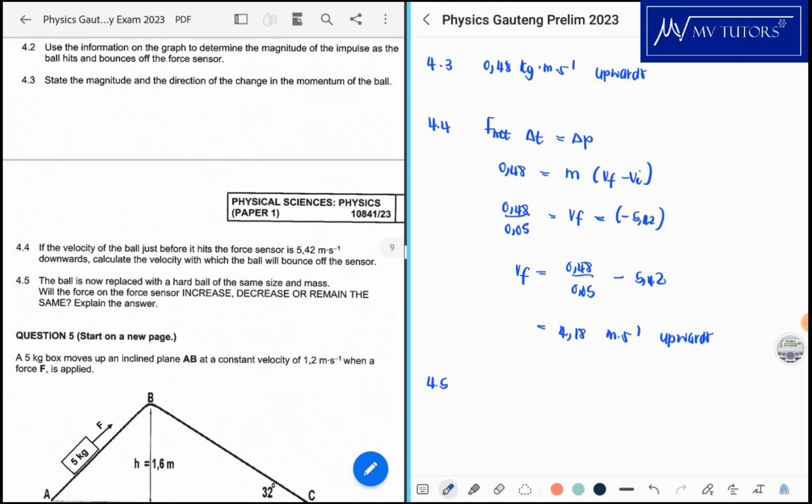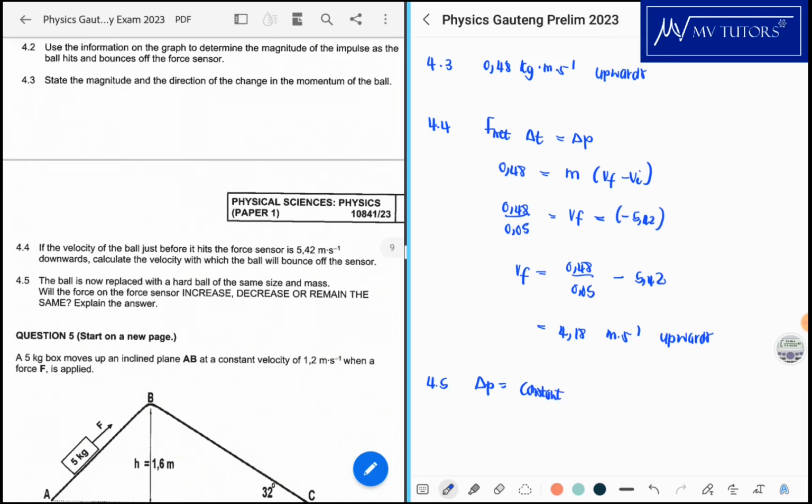And again, since now we have a harder ball, in terms of it bouncing, will it take less time to bounce or will it take a longer time to bounce? Remember, the softer the ball is, the higher the contact time. So here, let's just consider what's going to happen. Our change in momentum is actually going to be constant.